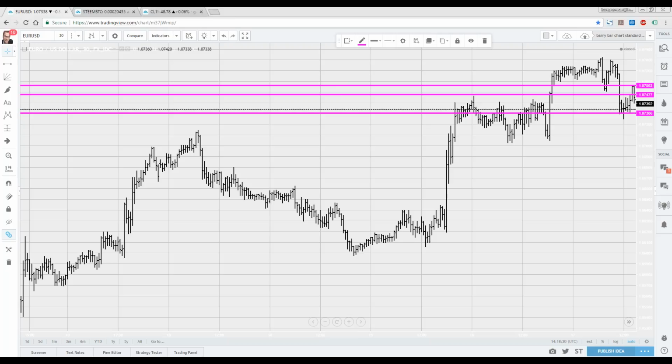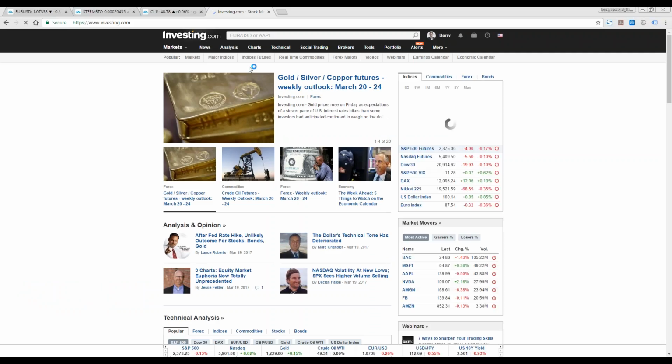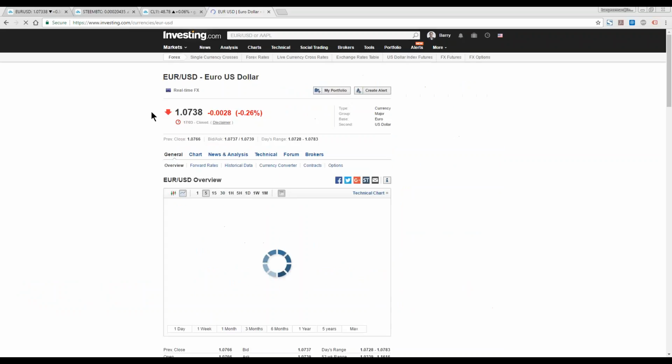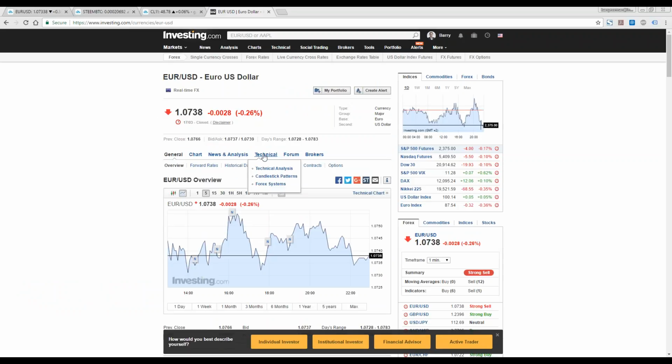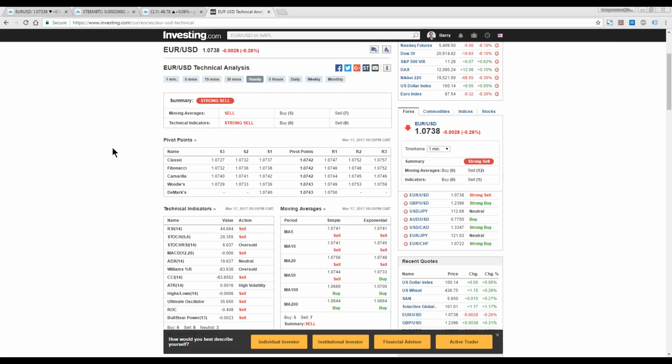We could go over to investing.com. We're looking at the euro US dollar, so we can come over here to the technical analysis, and we can get them right here from the pivot point charts. We can also draw these levels of support and resistance on our chart.